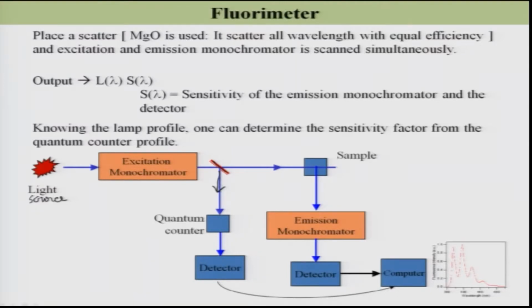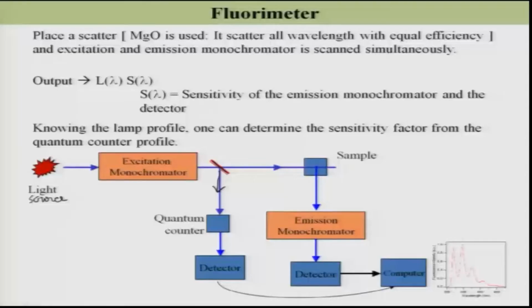I have this quantum counter, that is the choice of a molecule, where I want the inner filter effect. So no excitation light is passing through and I want to collect the complete emission. There is some arrangement to do that, I will not go into that detail.